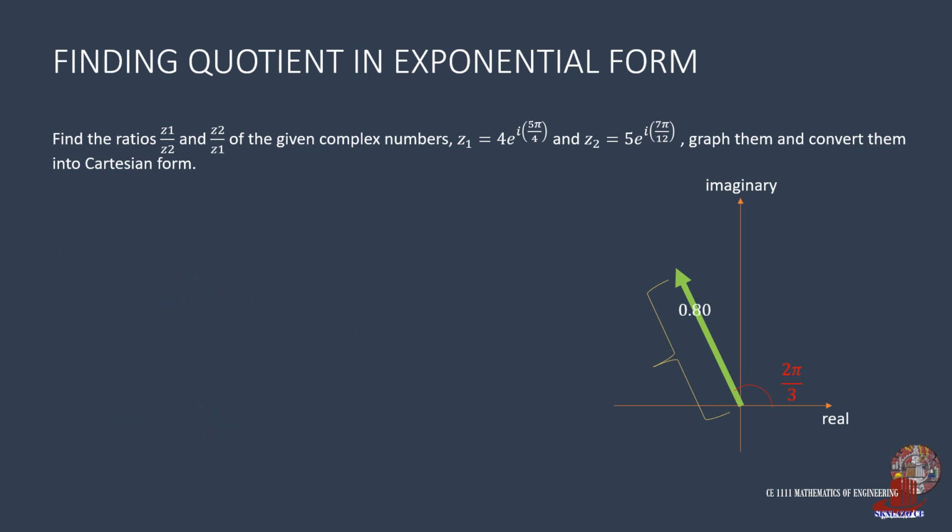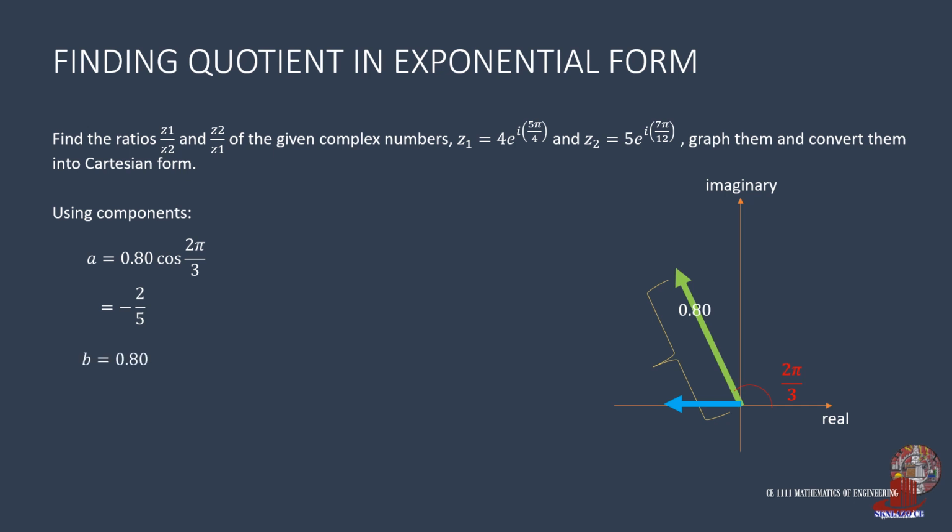If you are hesitant to use the polar form in taking the Cartesian form of the complex number, we can simply take the components of the vector. The real number is solved as a, which is 0.8 cosine of 2 pi over 3, giving negative 2/5.